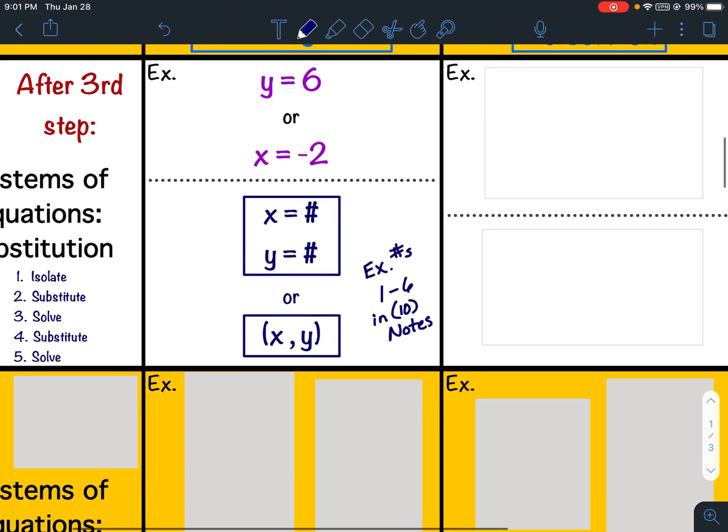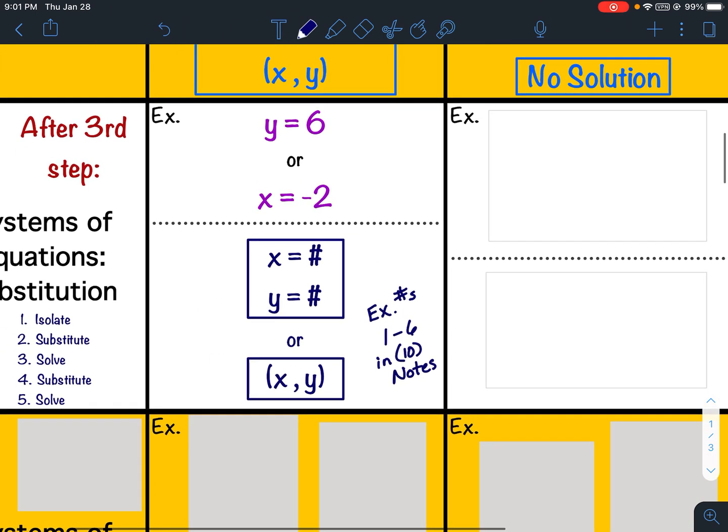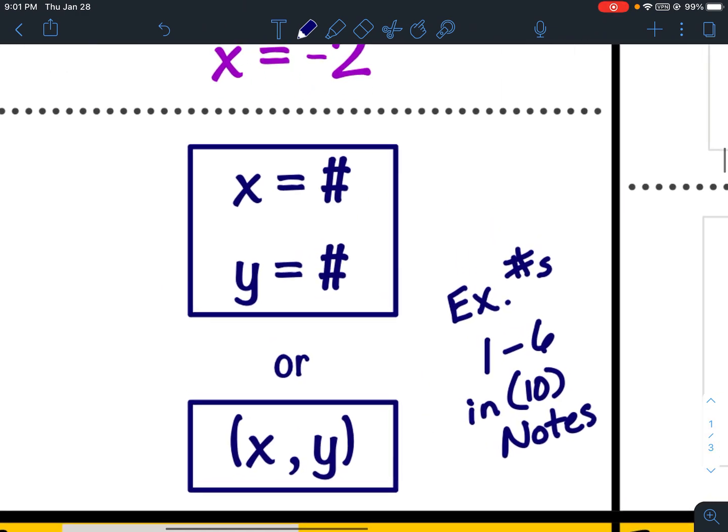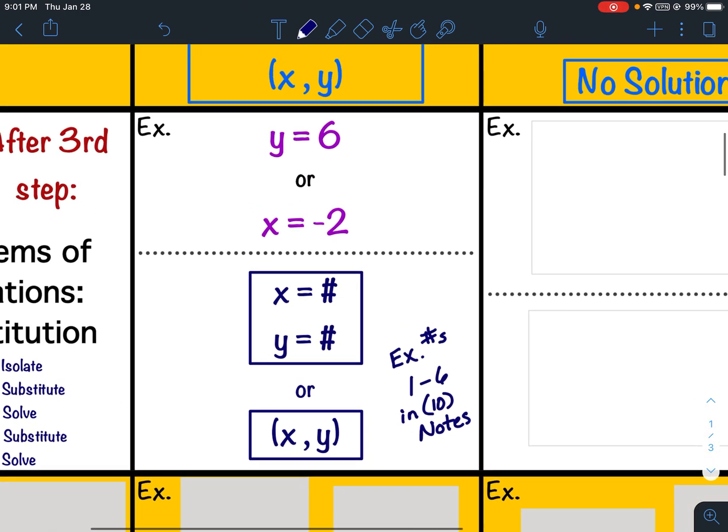So if you get a variable equals a number, it's going to be a one solution problem, and this is what your final answer would look like.